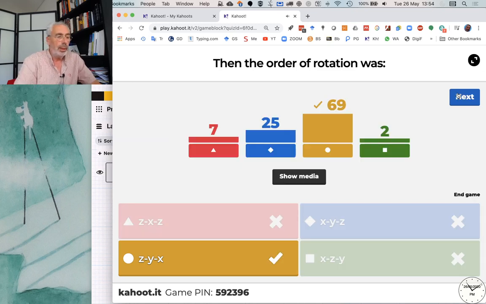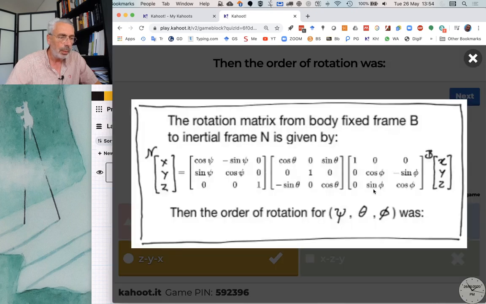Indeed, it says ZYX, and how do we see that? And not the XYZ, as some of you say. Well, this phi apparently is about the x-axis, this theta is apparently about the y-axis, and this psi is apparently about the z-axis.